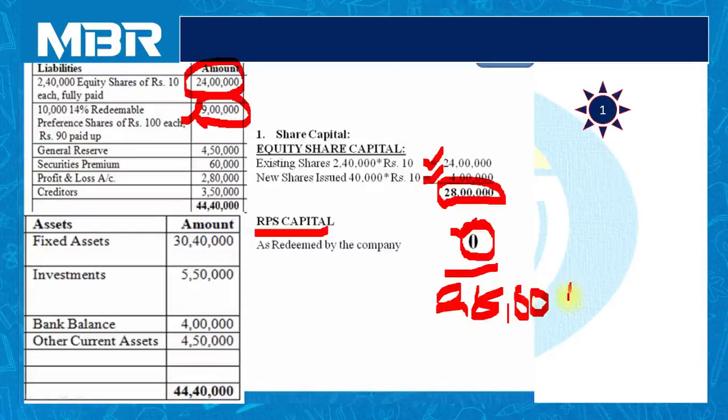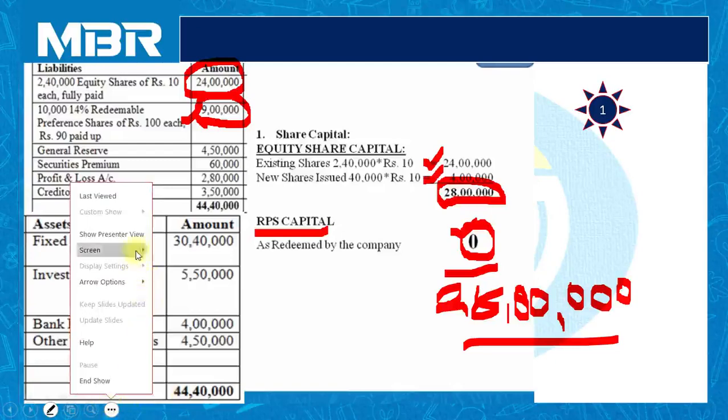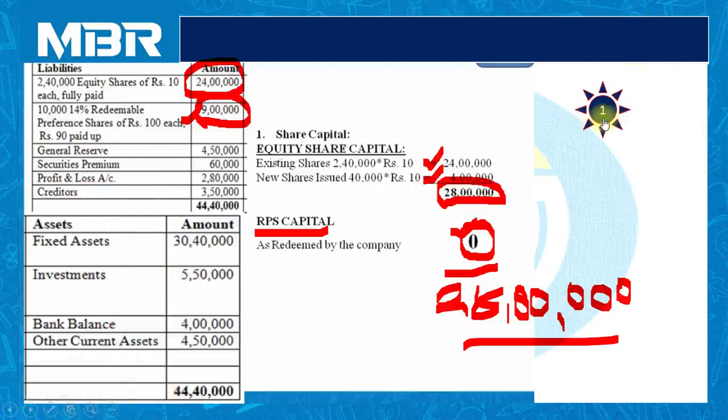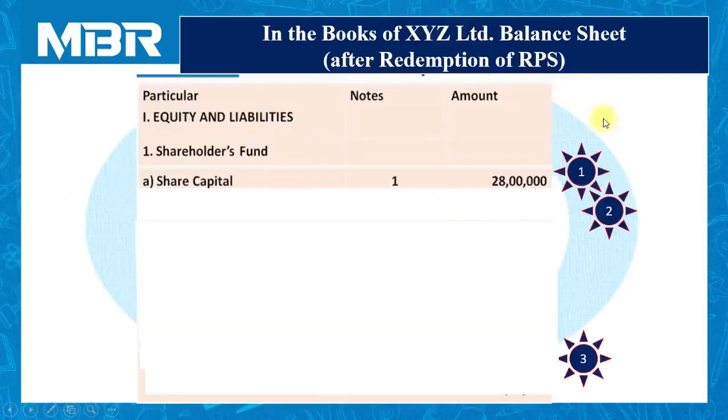New preference is not given. Old RPS redeemed by the company, so 28 lakhs rupees. We have transferred these 28 lakhs to note number 1 and it is a part of our balance sheet.